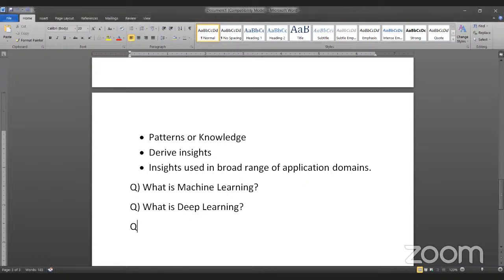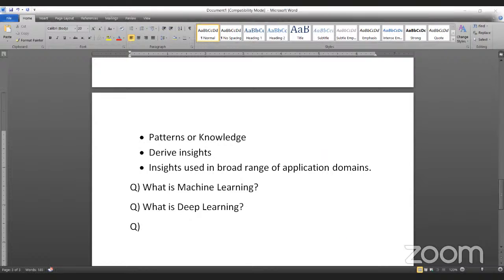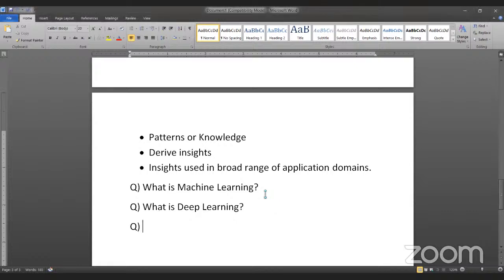Okay, coming to the next: what are the different learning methods in machine learning?